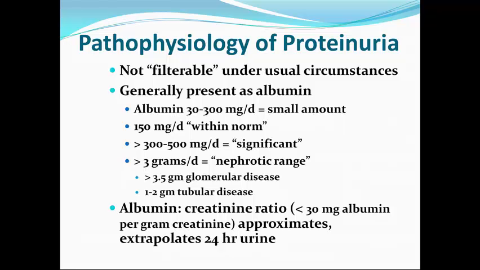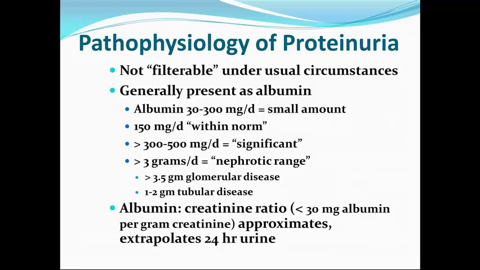One of the most useful pathophysiologic concepts that we use in manifestations and diagnosis is the albumin to creatinine ratio. What we're looking at is the amount of albumin per gram of creatinine. That's the ratio.